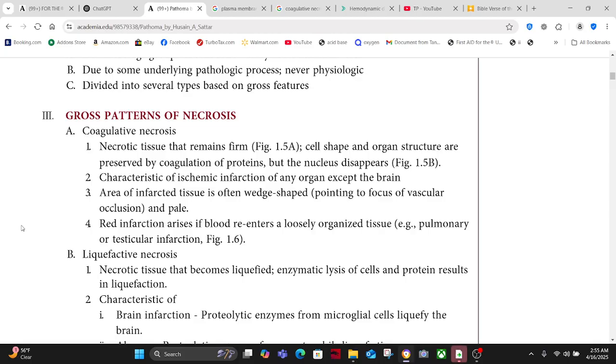So think of any organ that undergoes ischemia: you're going to see coagulative necrosis, where the shape of the tissue remains, but the nucleus disappears. And area of infarcted tissue is often wedge-shaped, pointing to focus of vascular occlusion.